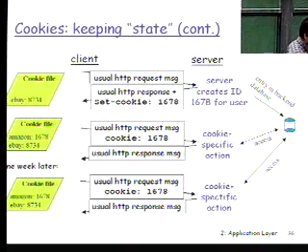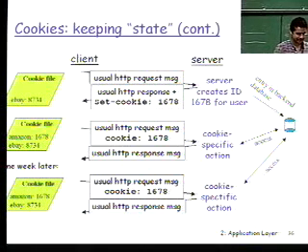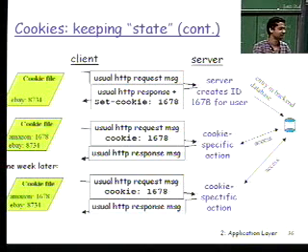So on Amazon, if you go and you have cookies enabled, the backend database will create a user-specific web page. It knows what you bought last time. It'll advertise similar items. If you go on eBay, similar things happen.